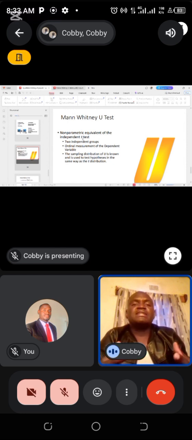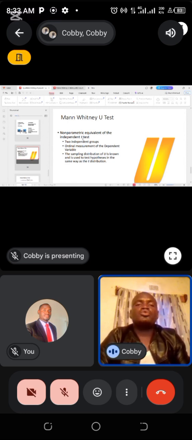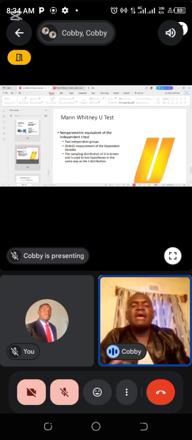Now, if the data does not meet the condition for the t-test, we can use the Mann-Whitney U-test to test the same hypothesis. So this Mann-Whitney U-test is used to test the hypothesis when the data violate the conditions for the t-test. It is used when we have an ordinal measurement of the dependent variable.